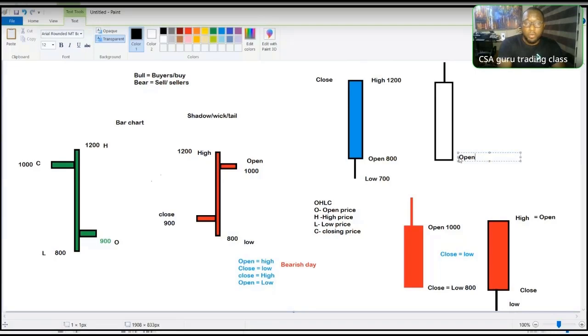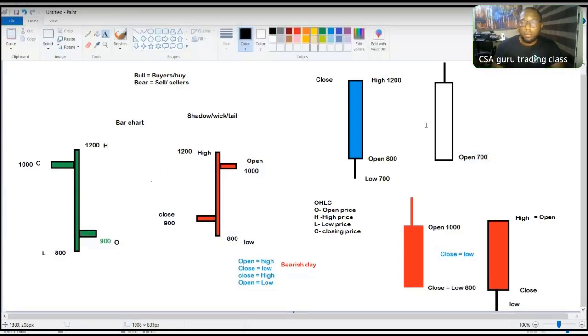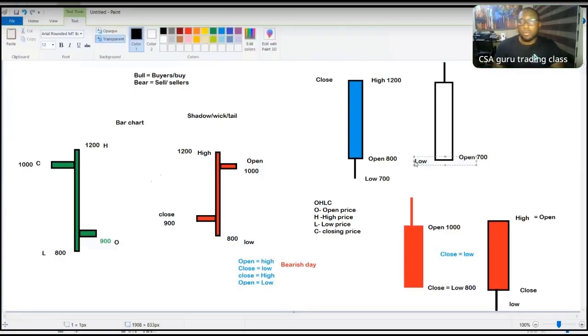This is our opening price, let's say at 700, which is also our lowest price. And we have the closing price, let's say at 1,000.